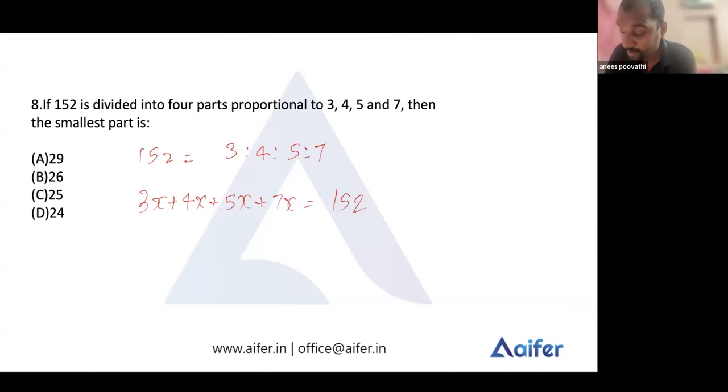That is 7x plus 14x plus 19x is equal to 152, which is x is equal to 152 by 19.